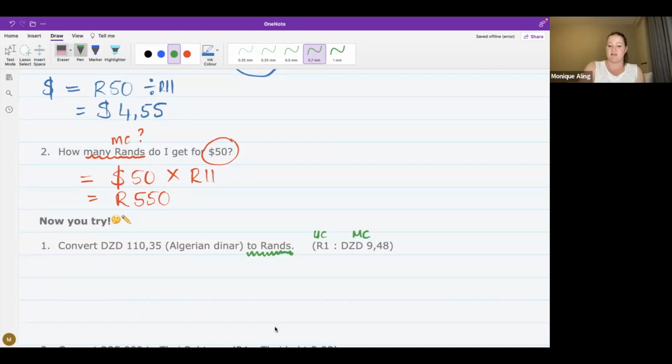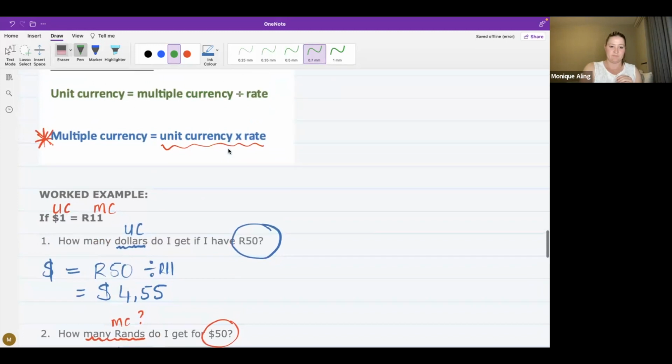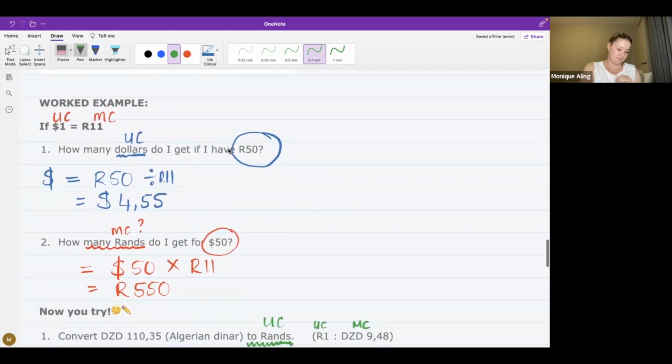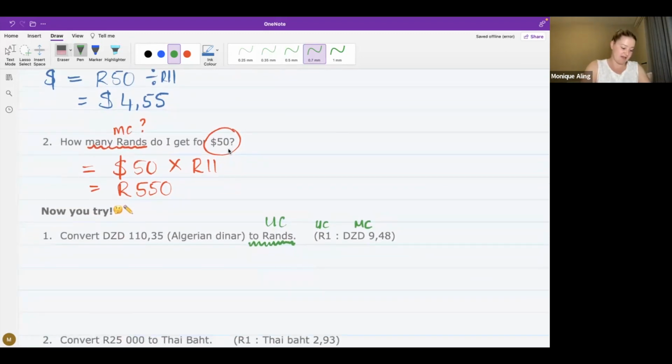Okay, yes, we're trying to work out our unit currency, which is rand. So if we're working out our unit currency, we are going to divide by our rate.